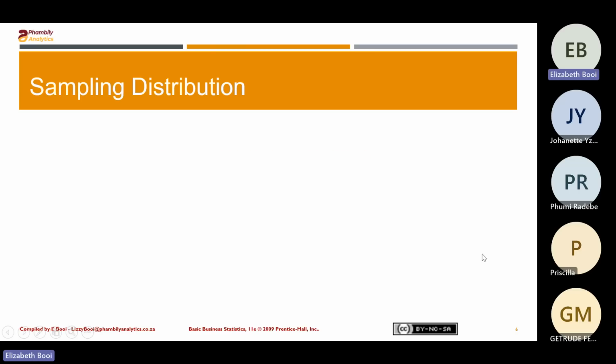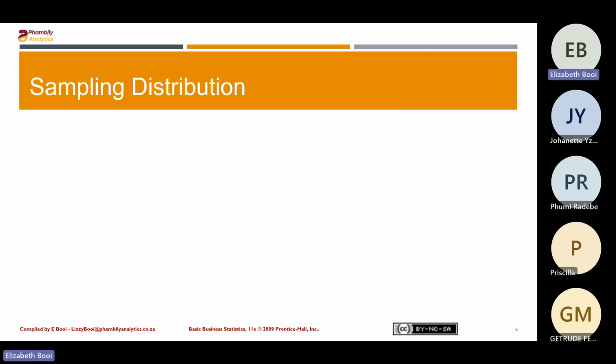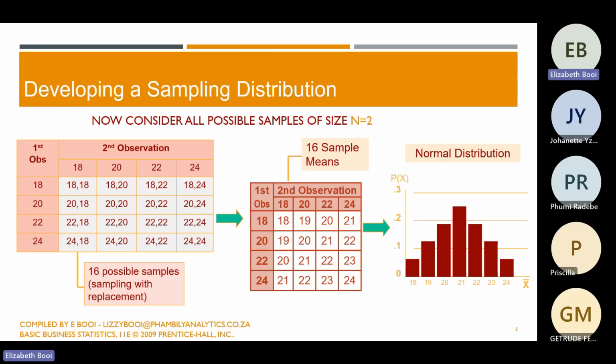Okay, so there are some characteristics of a sampling distribution, some of the measures that you can get from it. Because it's a sampled mean, we need to calculate the mean of a sampling distribution. We already created the sample means.